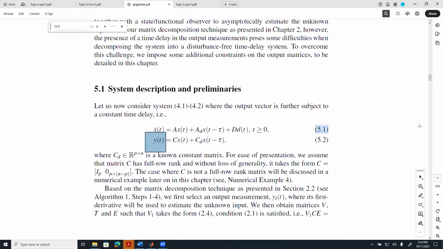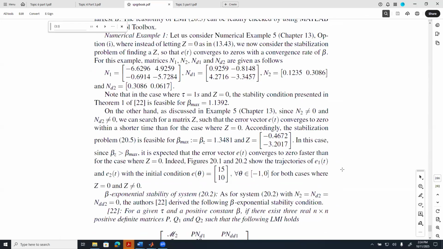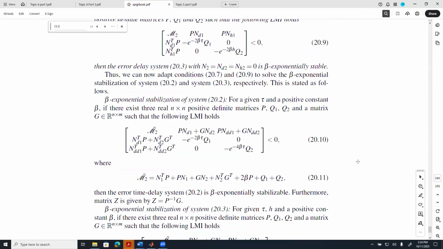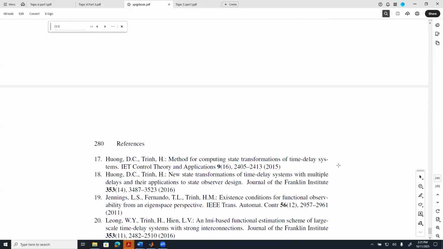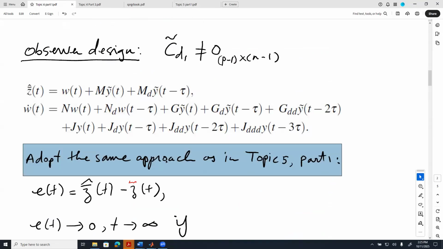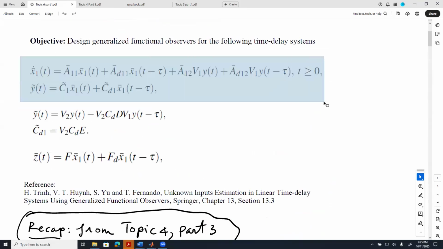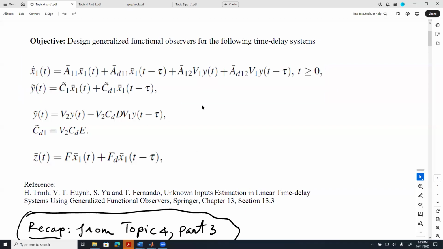This approach is based on our original framework, which was based on the reference by Nam given here. When we derived the existence conditions in topic 5, part 1, we followed a similar framework, and in this problem, when we consider the generalized functional for this class of time delay system, we adopt the same approach.